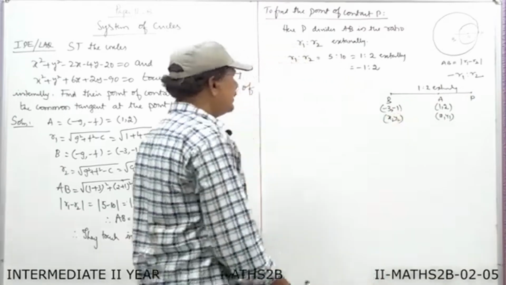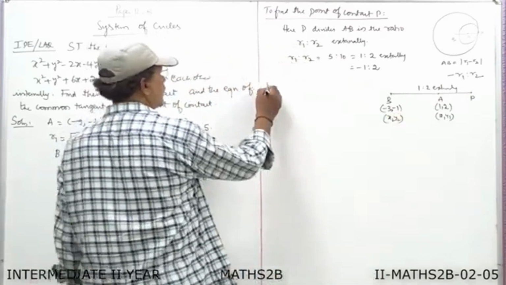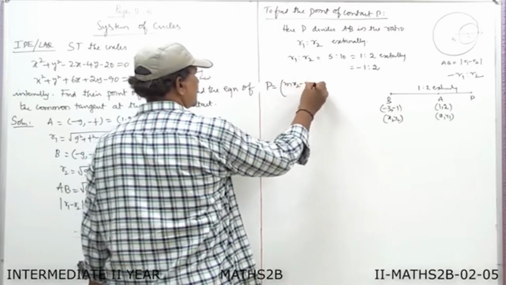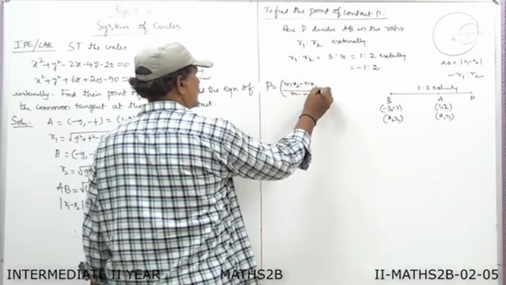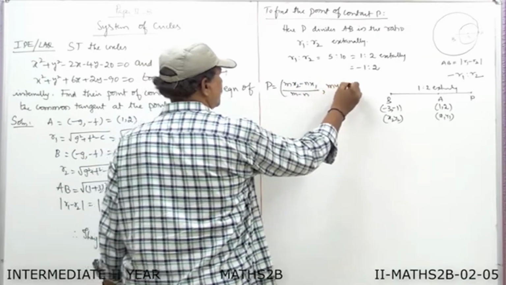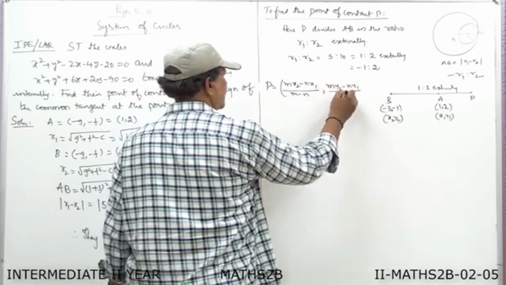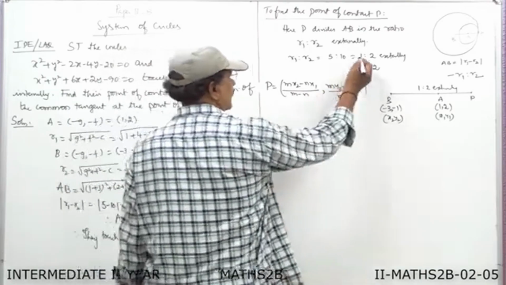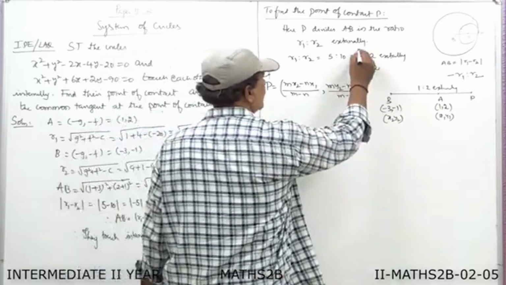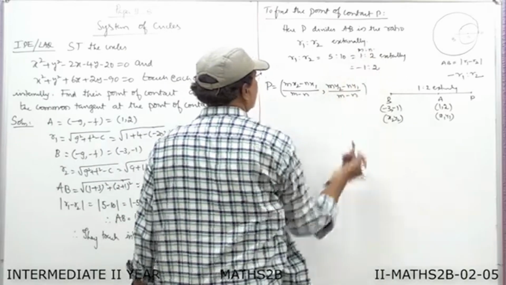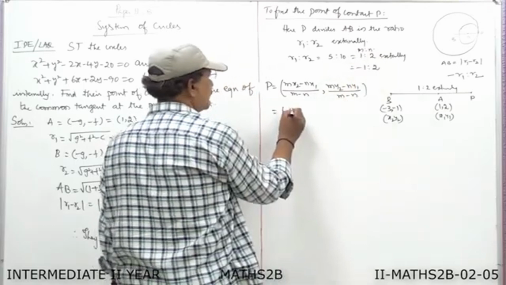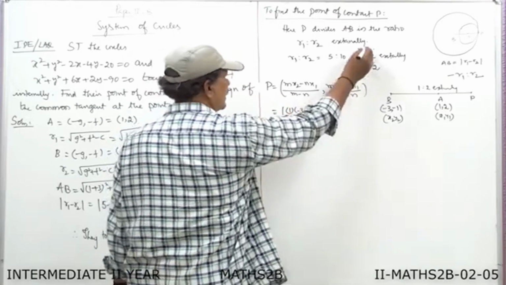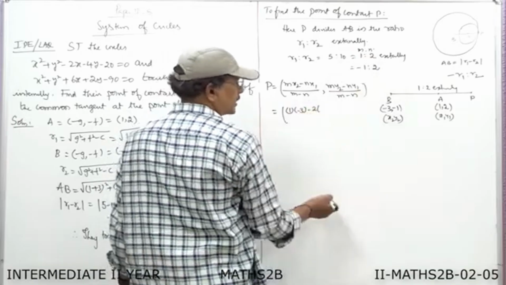You apply external division. Therefore, P is equal to mx2 minus nx1 by m minus n, then my2 minus ny1 by m minus n. So substitute the values. Here I am taking m is to n.